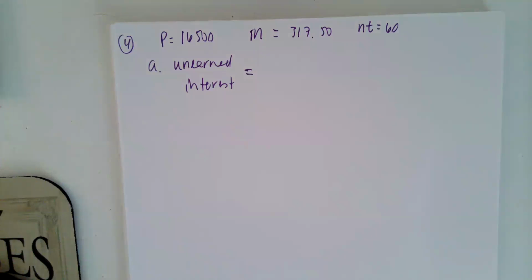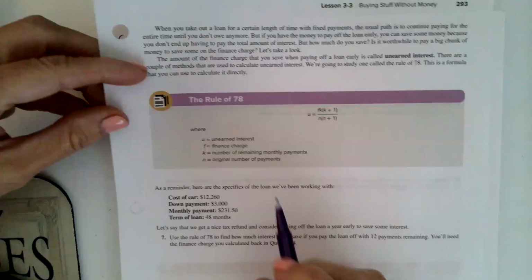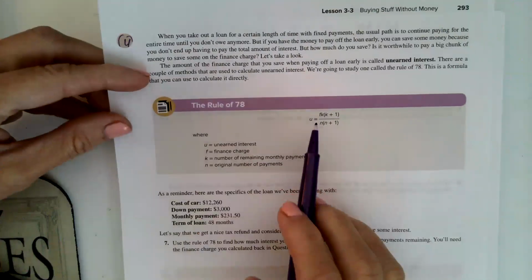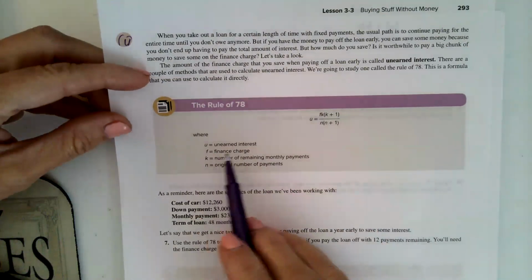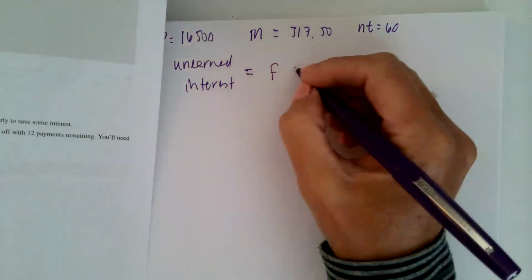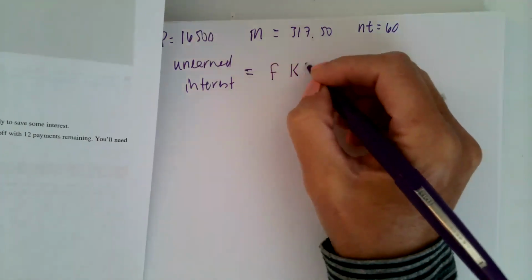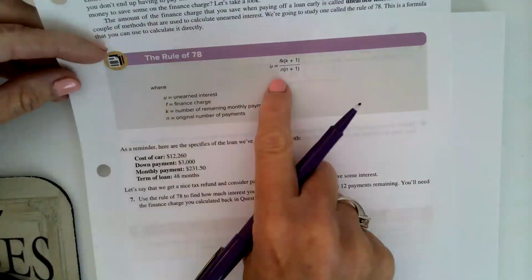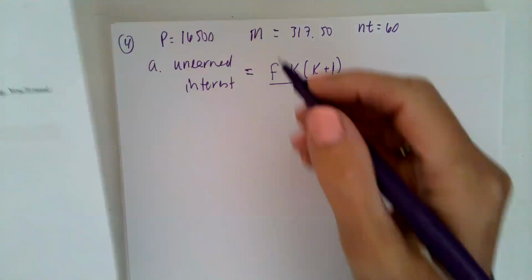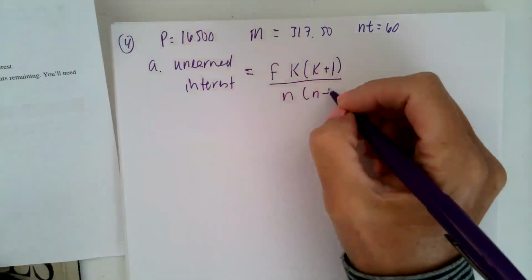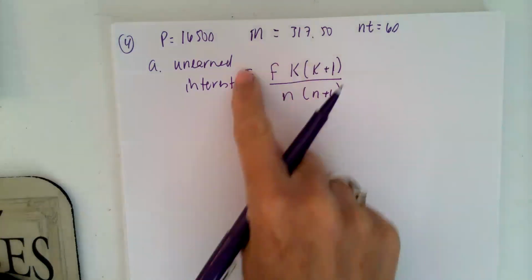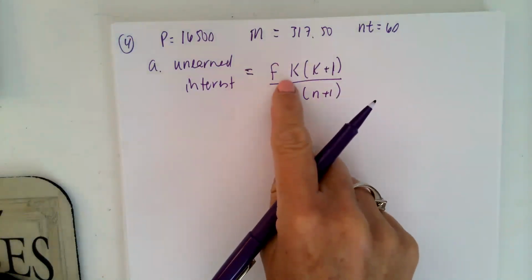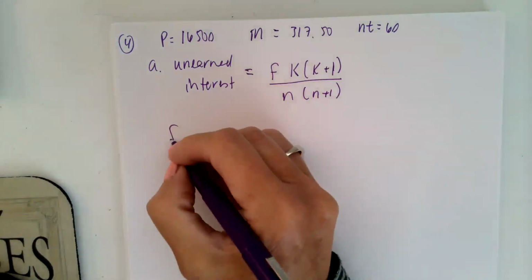Okay. So our unearned interest formula is called the rule of 78. And we have F. F is the finance charge. So we need to find that out. So let's just write out our formula, F. And then K is the number of remaining payments. And then N is the number of original payments. So the big thing that we need to find here is the finance charge.